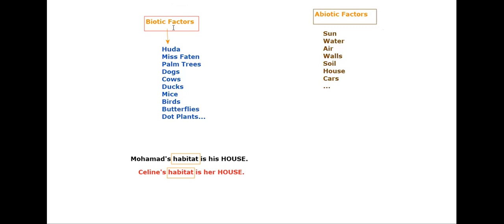Miss Fatin, yes. Sorry, but Nasser was asking what the word habitat means. He doesn't know what it means. Okay. A habitat is where a living thing lives. So Nasser lives in a house. So the house is Nasser's habitat.